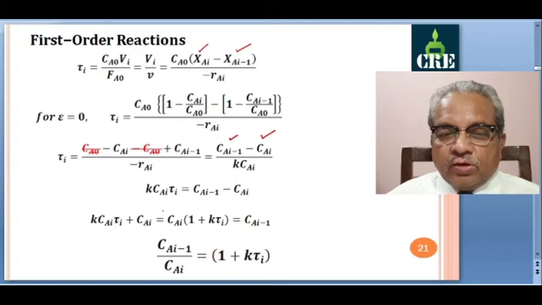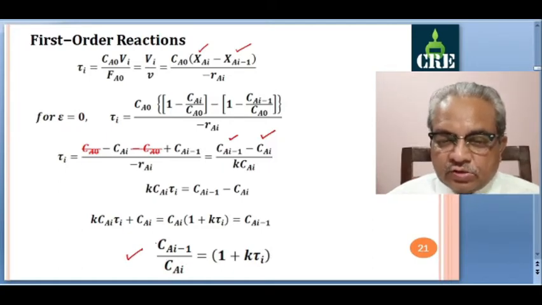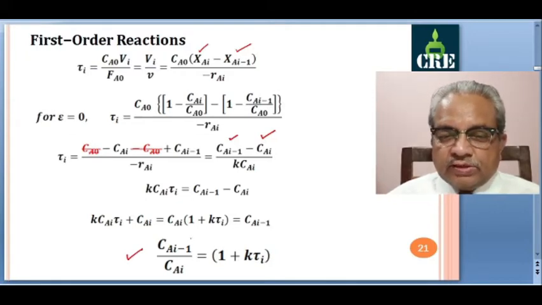This Ci you can take on this side, and finally you get this expression: Cai minus 1 divided by Ci. That is the concentration in the i minus 1th reactor, which is the same as the concentration of the exit stream of the i minus 1th reactor, and this is the concentration of the exit stream of the ith reactor. This is equal to 1 plus k tau i.